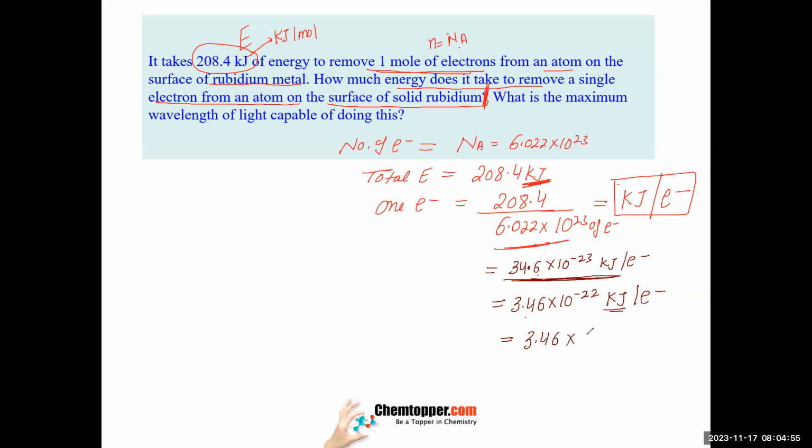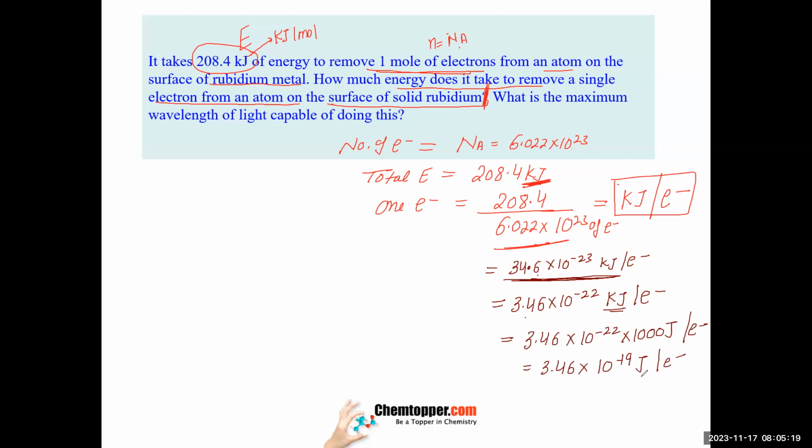Now, can you convert this into joules? Joules means 1000 joules are there in 1 kilojoule. So multiply by 1000. Put this number in scientific notation. Yes, Anil. Good. Only Anil is doing it with me.